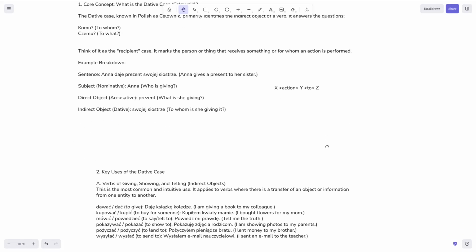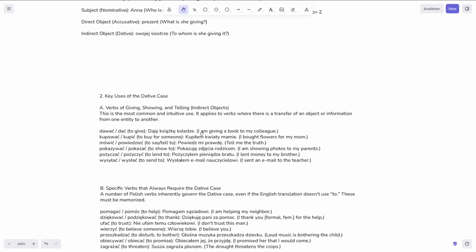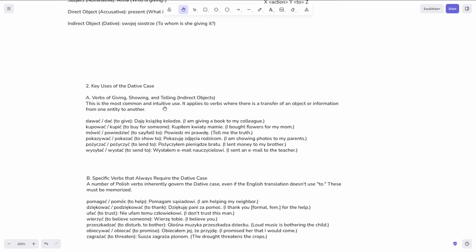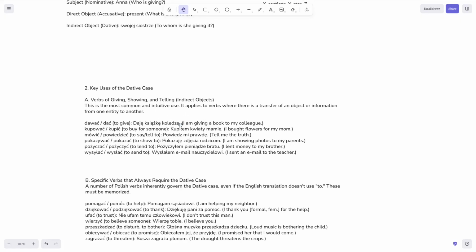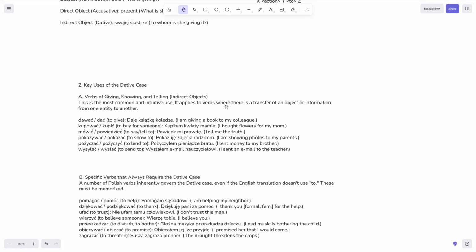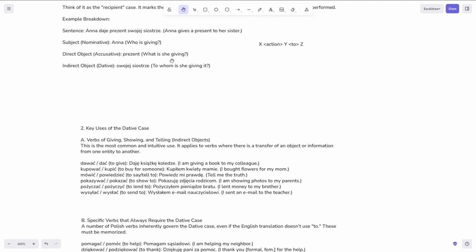Okay. So some key uses of the dative case. So the verbs of giving, showing, and telling. So this is the most common and intuitive use. It applies to verbs where there is a transfer of an object or information from one entity to another. And just as in the previous example, giving a present to someone, it just naturally enforces this structure, right?